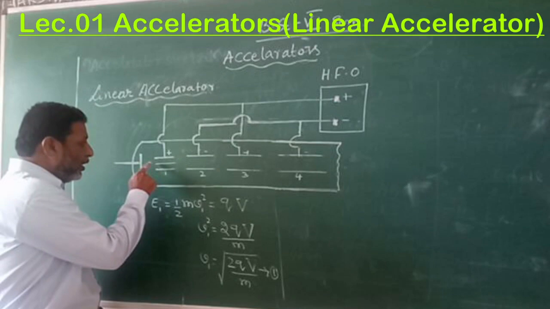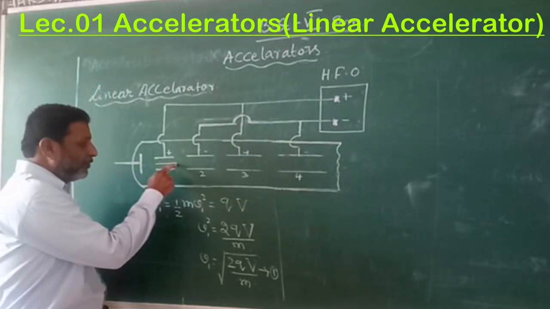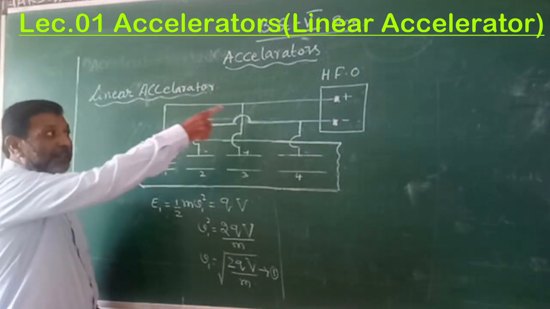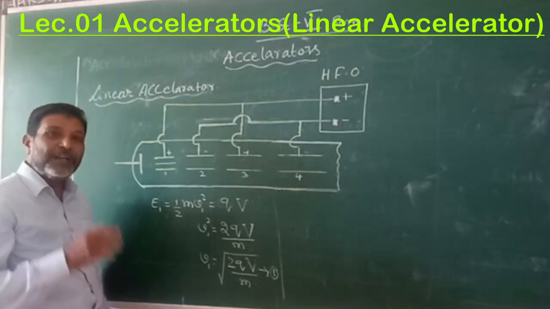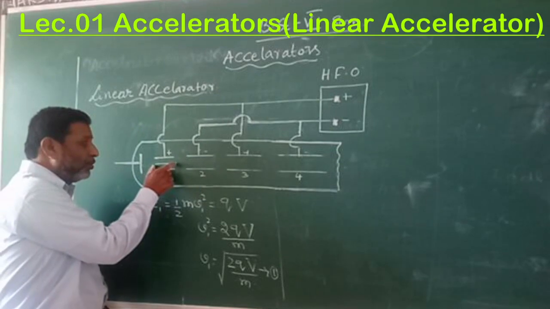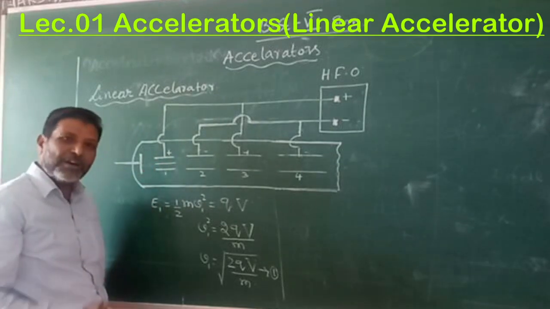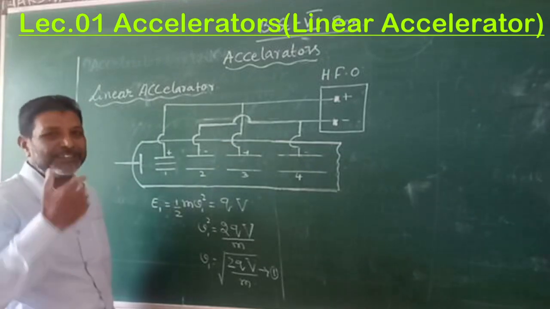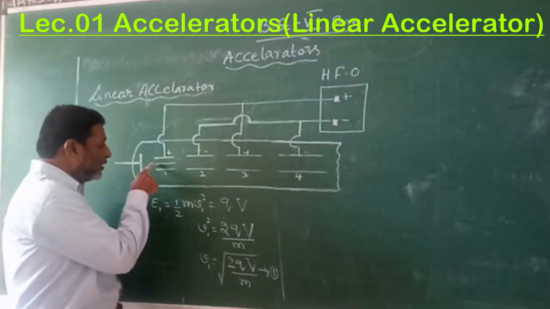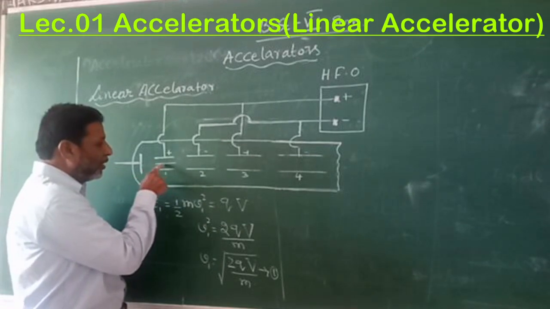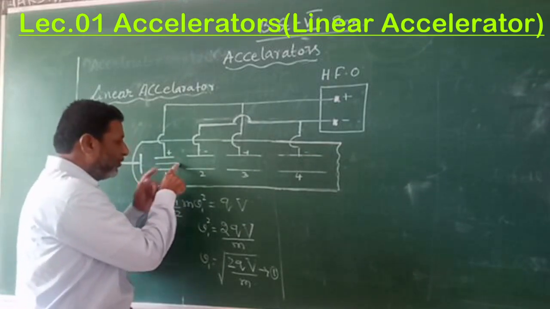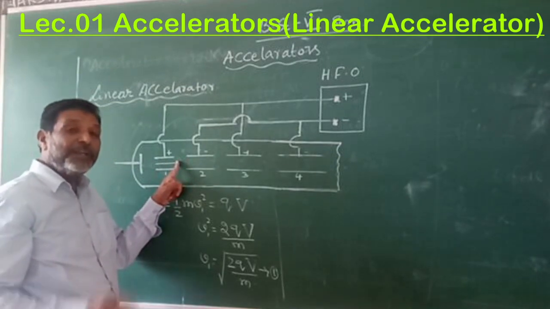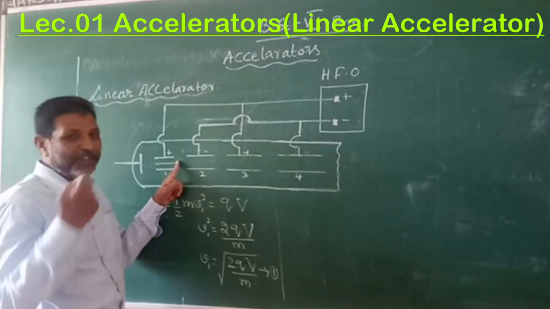That means to travel through this first tube, the electron will take some time. The AC is adjusted so that the time taken by the electron to travel the length of the first tube is equal to half of the period of AC. That means, as soon as the electron comes out from this first tube, after a time equal to half of the period, immediately the polarities will be reversed.